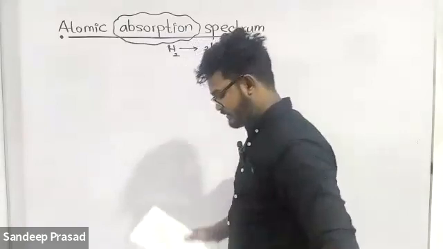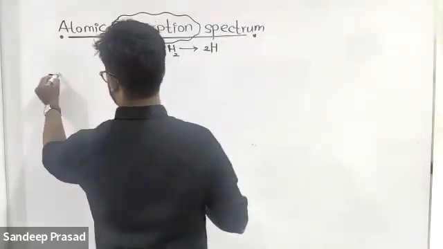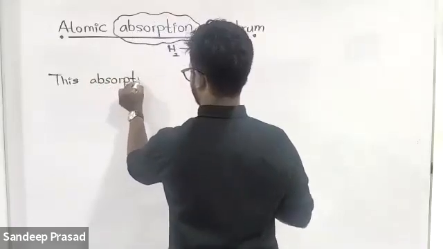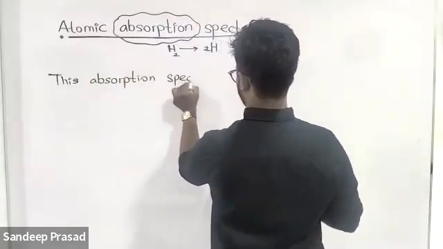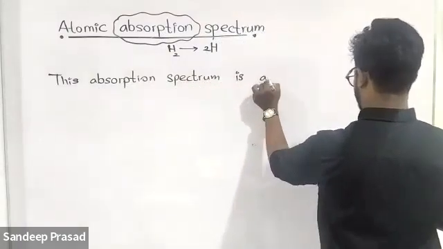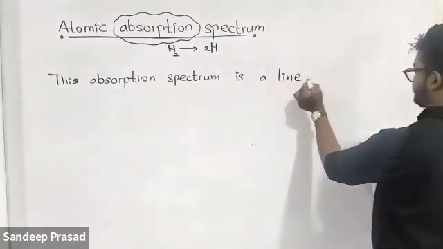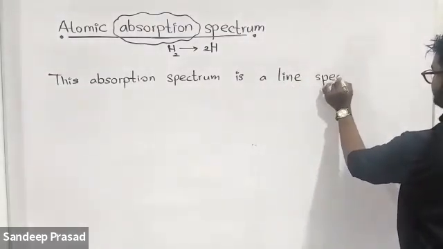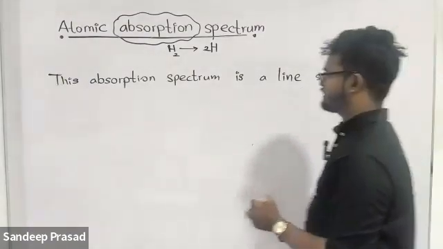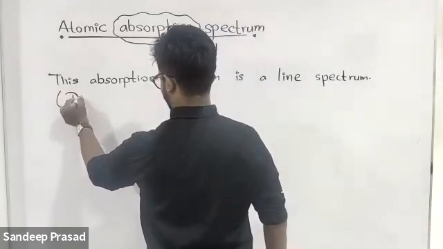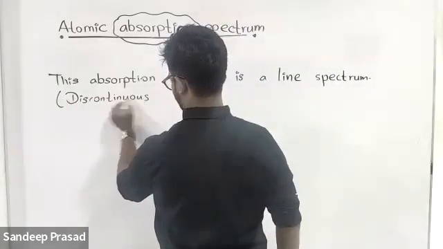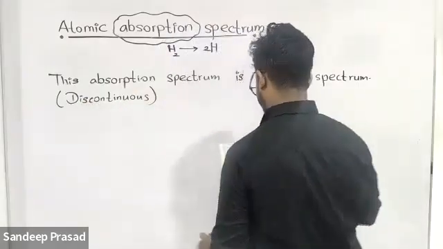This absorption spectrum is a line spectrum, right? You can write in brackets, discontinuous. As I mentioned, discontinuous, because some of the energy radiations are missing.